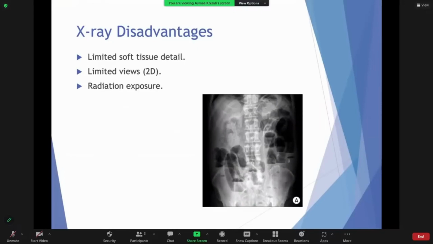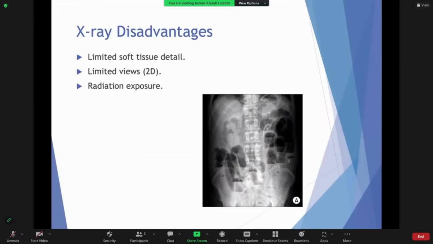X-rays do not provide detailed images of soft tissues, so in some conditions, it may not be the best option to diagnose. The second disadvantage is limited views, as well as being two-dimensional.